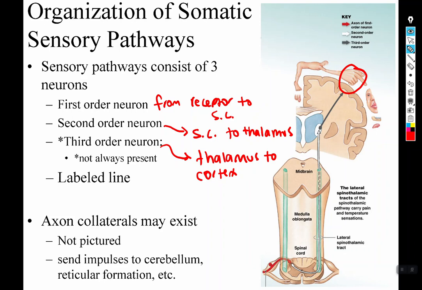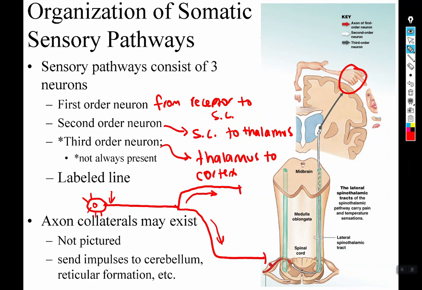Axon collaterals may exist. Remember, every cell only has one axon. So dendrites down here, this is the axon, but the axon could split and go to a couple different places. It's still considered to be one because if there's an action potential originated here, it will guaranteed propagate down both collaterals. There's no way to do one or the other.